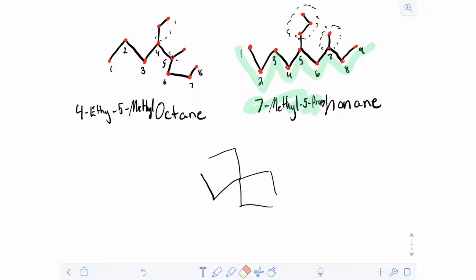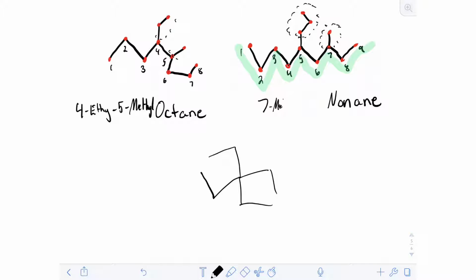But I just really need to work on getting these spaced out. Seven methyl 5 propyl nonane. So pretty easy.